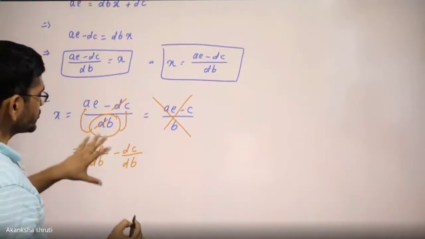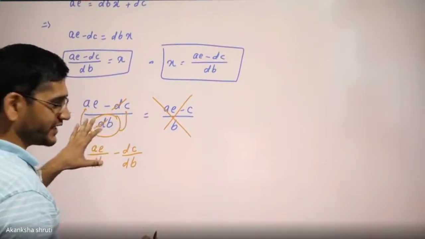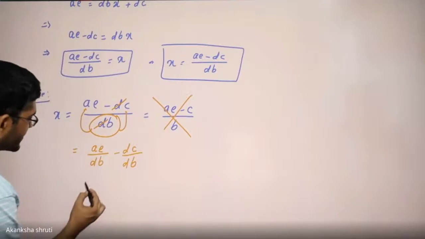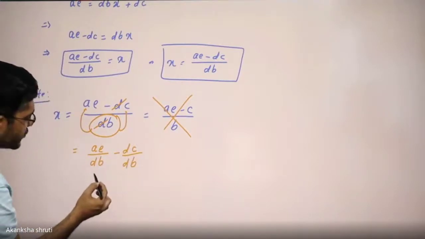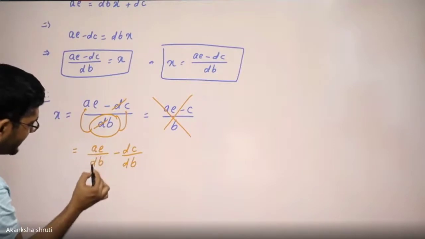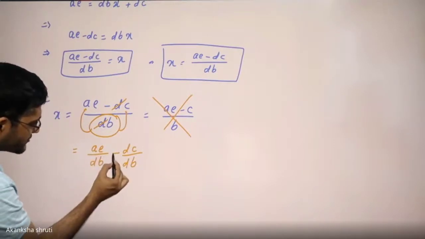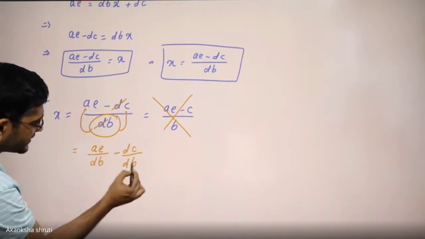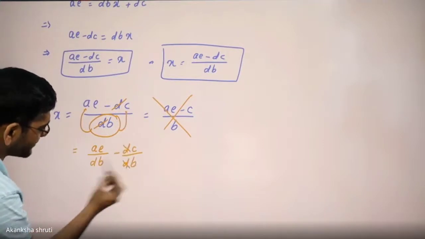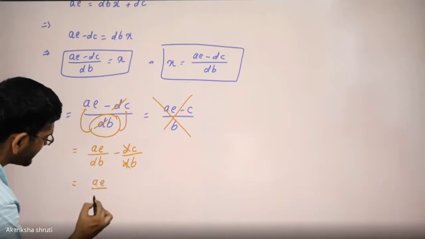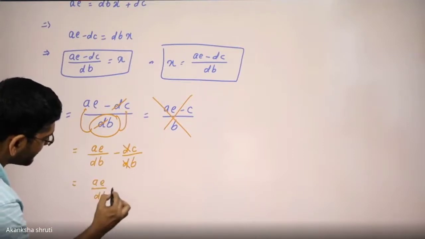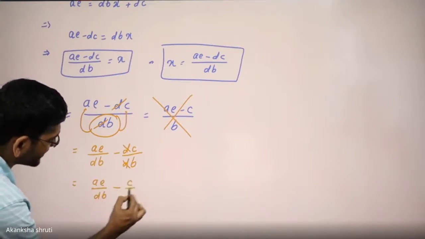This is the rule of distributive property for division that we have learned in chapter 1. Now, in an individual fraction, if anything is common, that can be cancelled. AE, DB, no common factor. Next is the minus DC by DB. Here this D can be cancelled. So this needs to be written as AE by DB minus C by B.